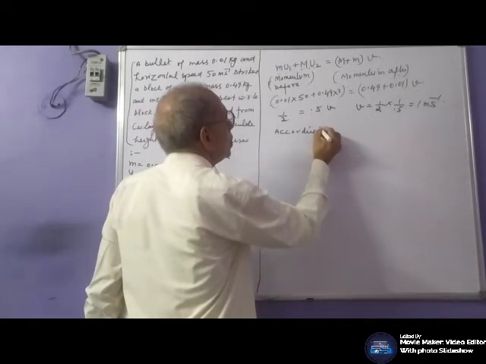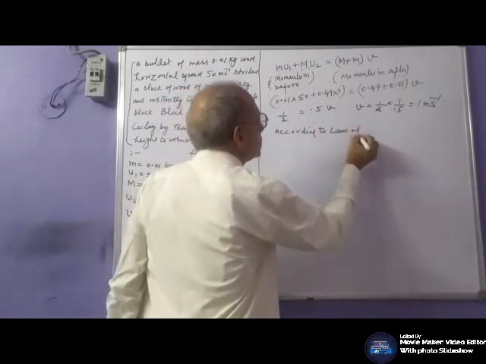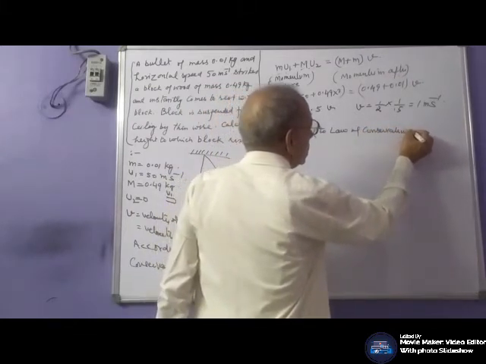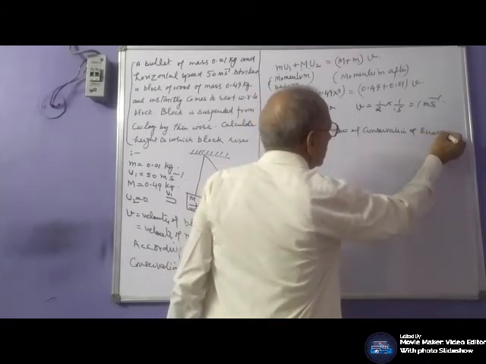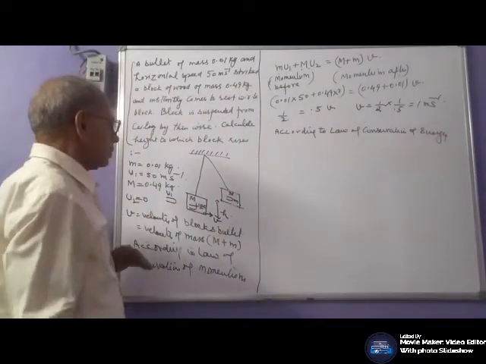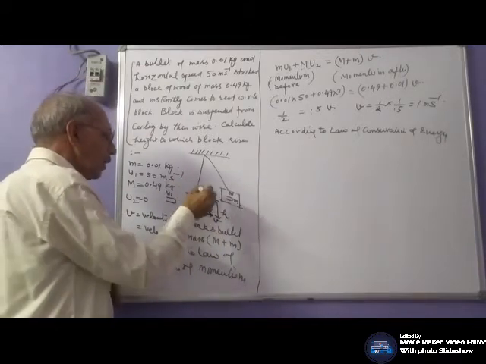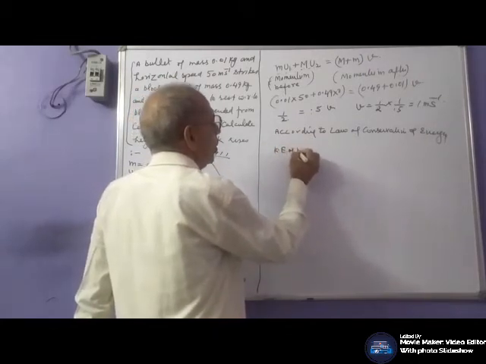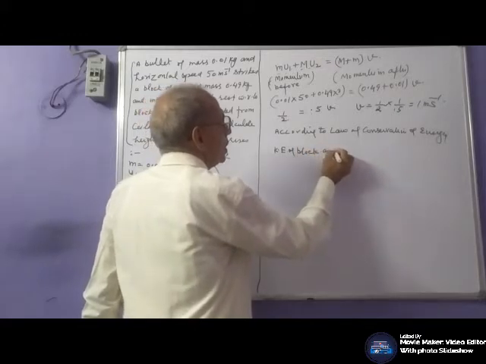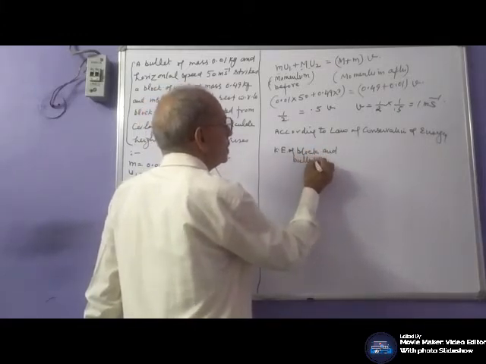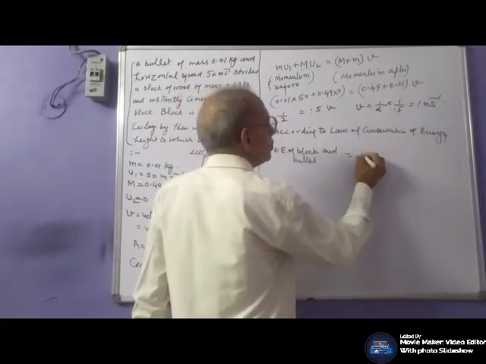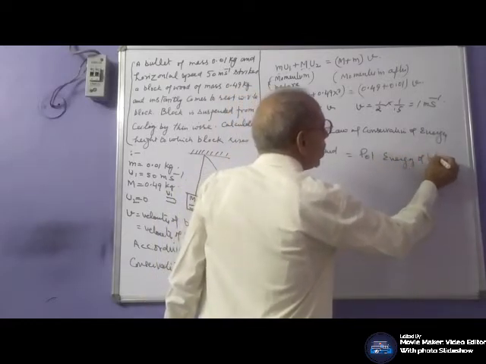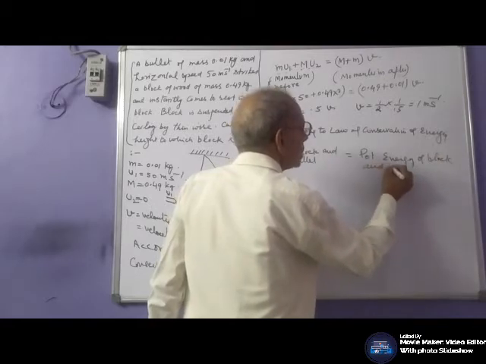According to the law of conservation of energy, here the total energy is the kinetic energy of the block and bullet, equal to the potential energy of the block and bullet.